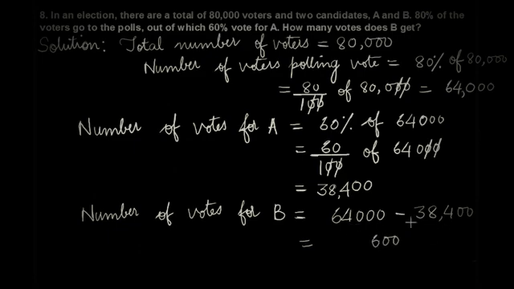Then this is 8 and here this is 13. So here we get 5. Then this becomes 5. 5 minus 3 is 2. So 25,600. So number of votes for B will be 25,600 votes. That goes for B. And this is the required answer.